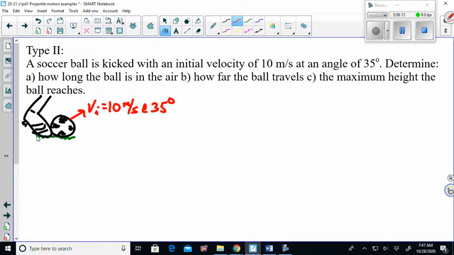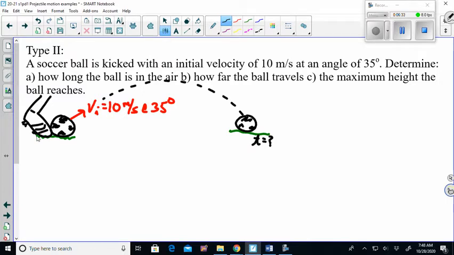And I'm going to want to know how far the ball travels. The first question I'm asked for is how long the ball's in the air. So I need to find out the time when it comes back to here.